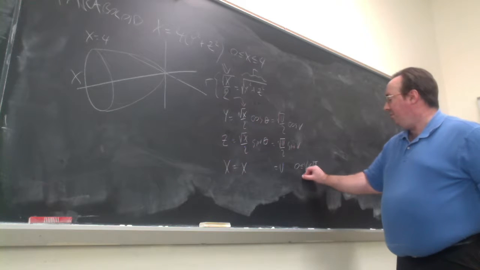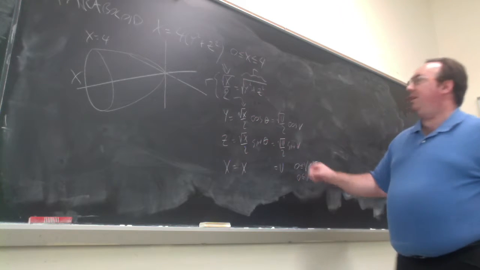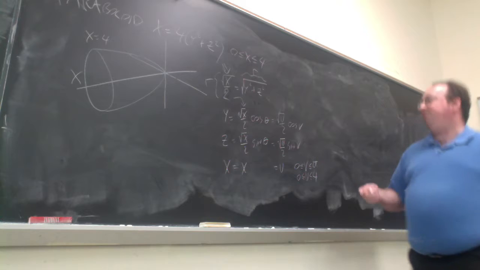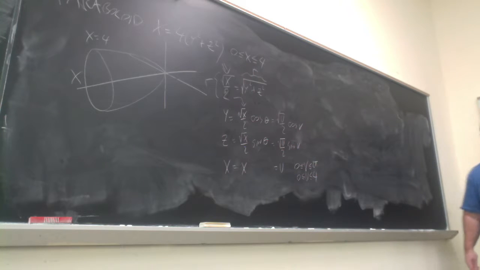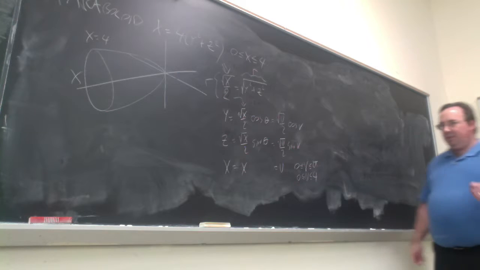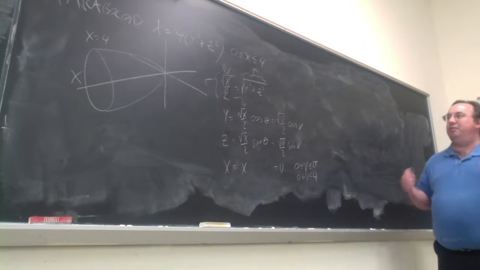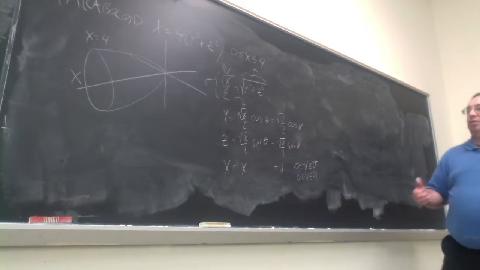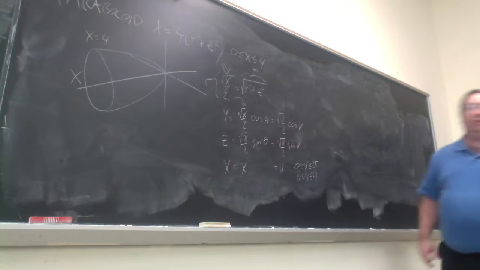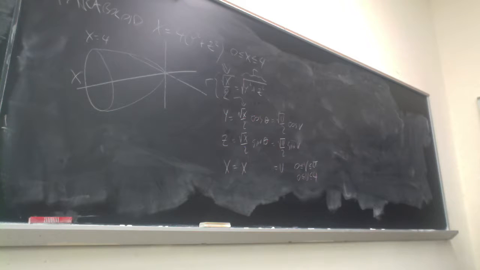U goes from 0 to 4, because that was the limit on x, and x and u are the same thing. Now, I don't really care what variables you use for your parametric equations. If you want to stick with standard u and v, that's fine. Or if a surface has a natural description in terms of polar coordinates like this one does, then you can just use r and theta, whatever you want to do.